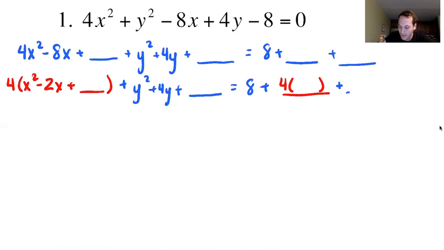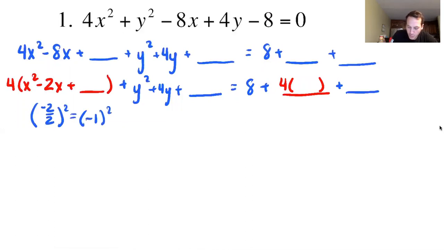So very similar to circles. In order to find the blank spot, I take half of b and square it. I do it again. Square that.